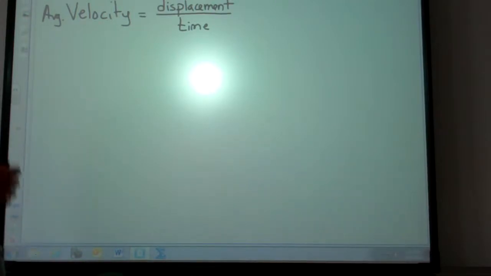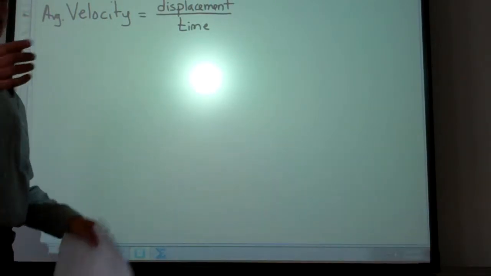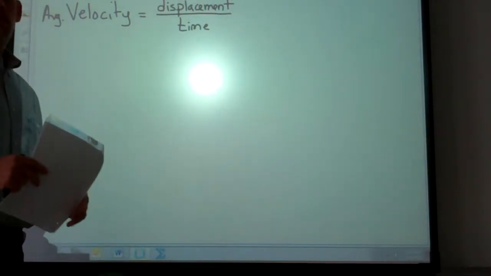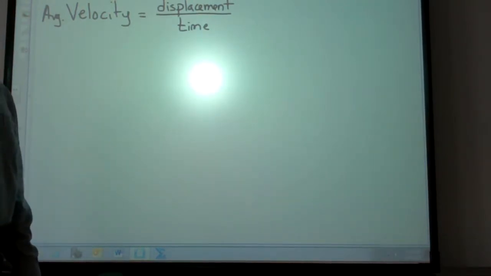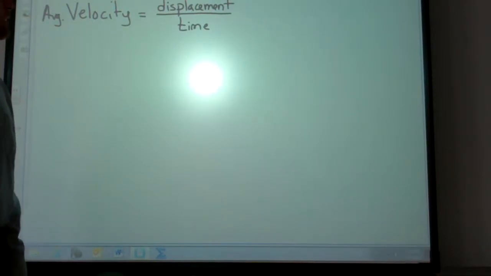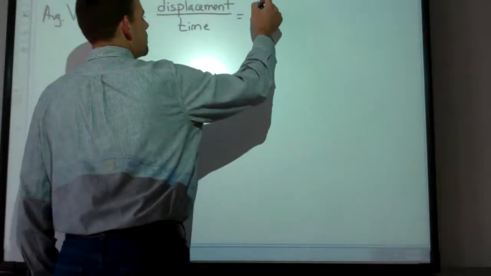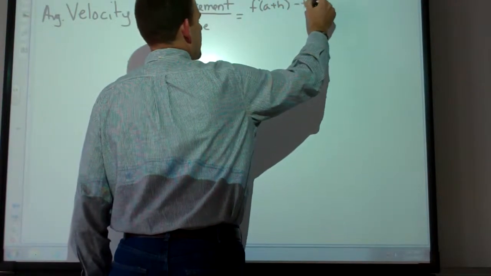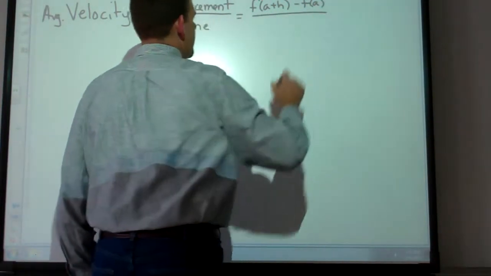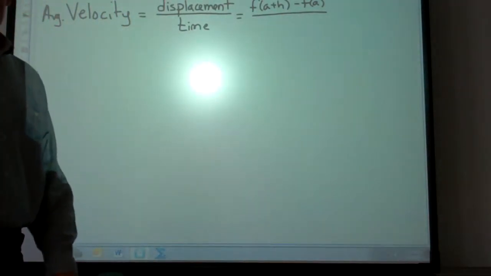Well, in terms of how that relates to what we're talking about, P and Q still, 2 points making that movement, and then finding how long it took to move that far. So if you want to, consider displacement as f of a plus h minus f of a. And then time. Well, how is time measured?